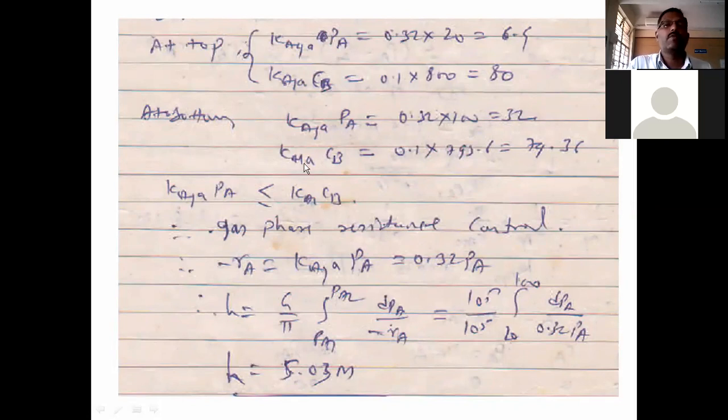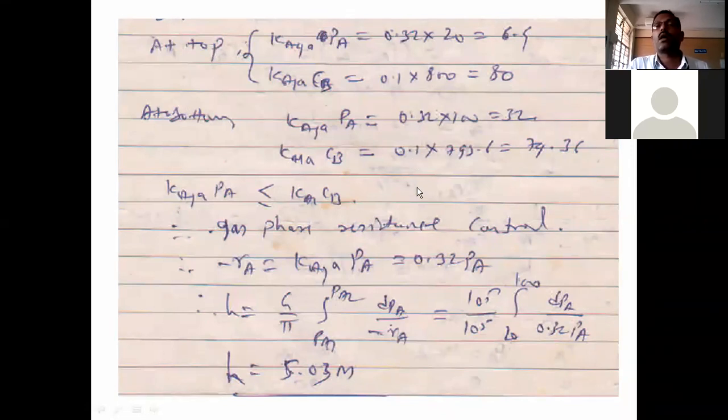In some problems, the conditions at the top and at the bottom differ. At the top, suppose gas film is resistance control, and at the bottom this condition is reversed. Suppose kG into Pa is greater than kLa into CB. Then at the bottom there is liquid film resistance control, and at the top there is gas film resistance control.